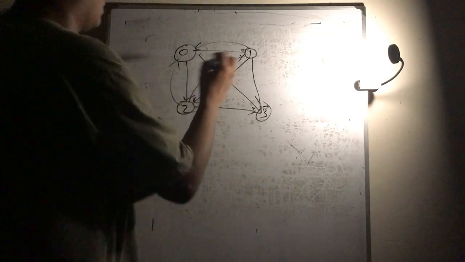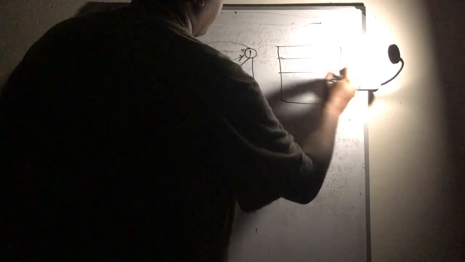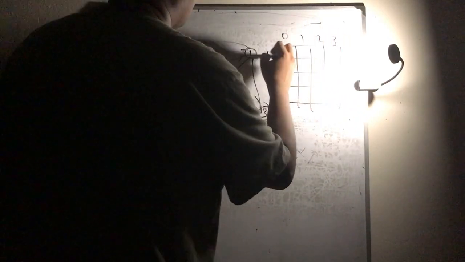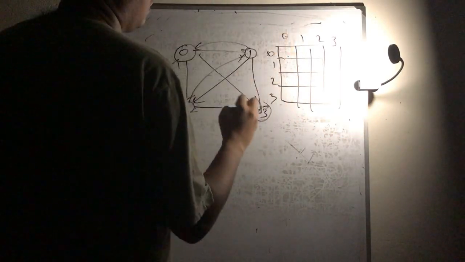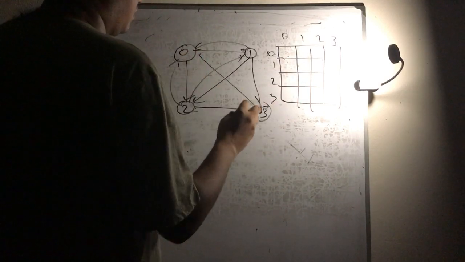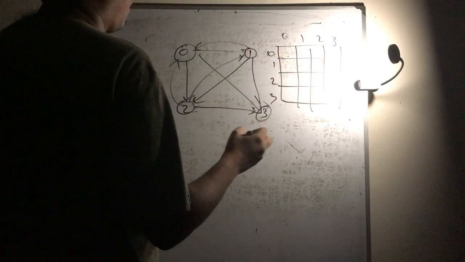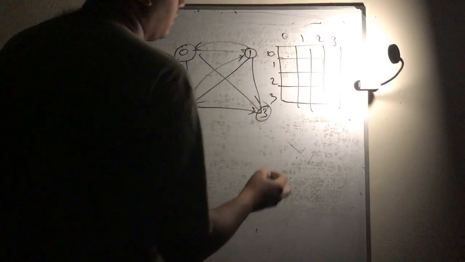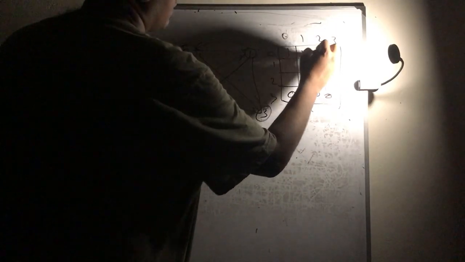So again we make a matrix: 0, 1, 2, 3 by 0, 1, 2, 3. If there is a directed path from 0 to 0, we write 1. 0 to 1, then 1. We can see that 3 has no outgoing edge to any other vertex, so from 3 we can travel nowhere. So write 0. And we see that we can travel to everyone else.